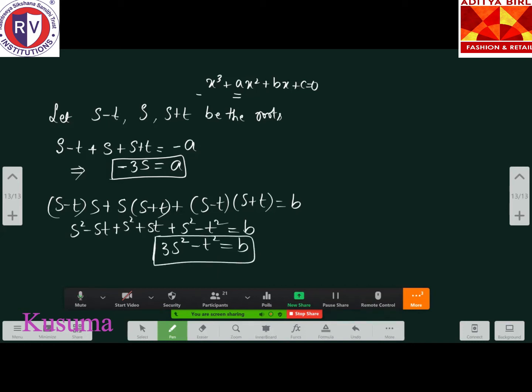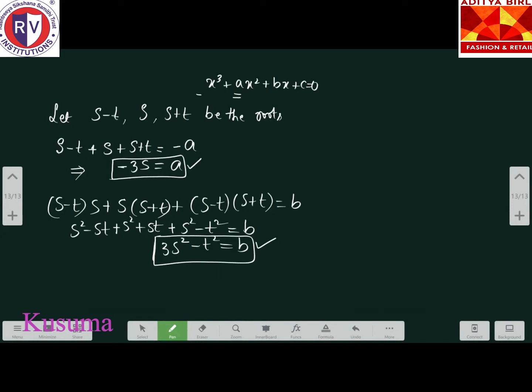What we needed is 2a cube minus 9ab, right? So we got the value of a, we got the value of b. Only that is not enough. We have to find out the value in terms of c. So we need c also. But that c can be obtained by the product of the roots.